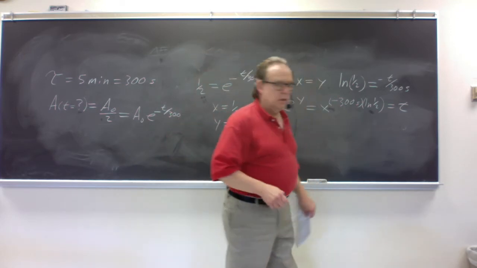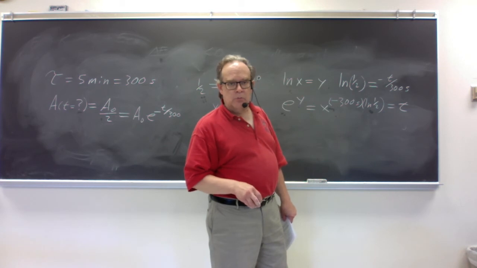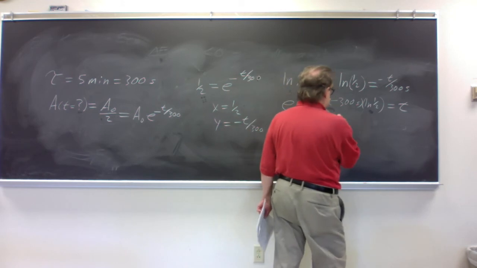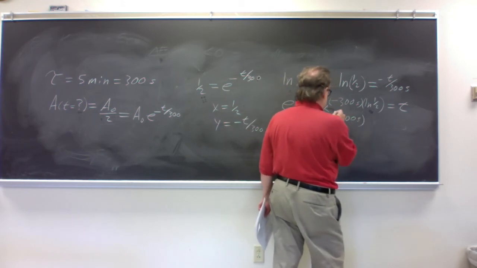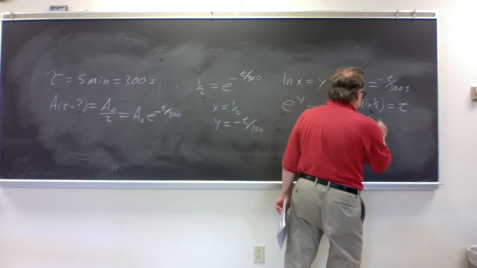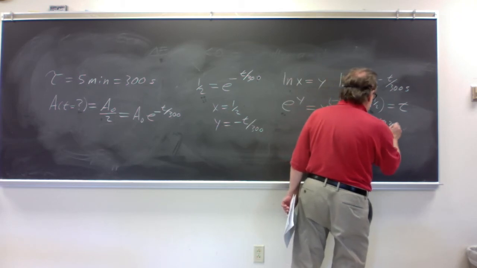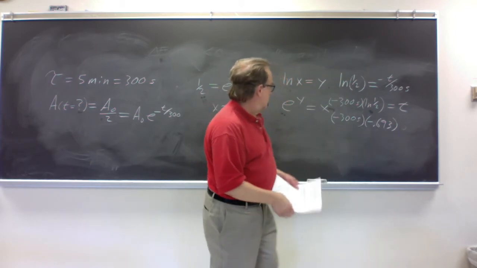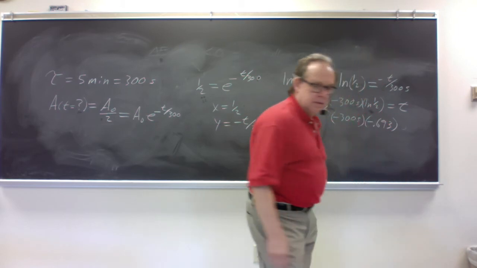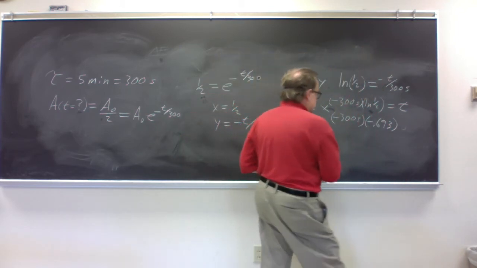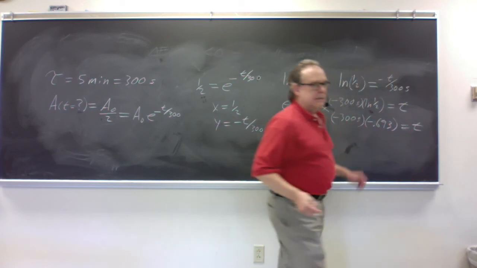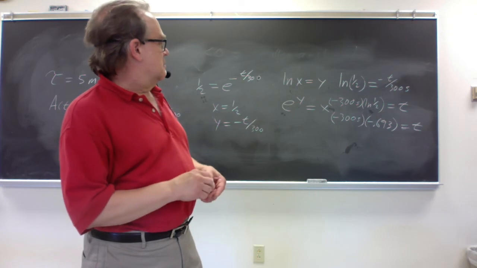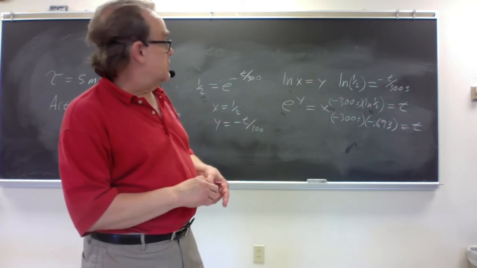Natural log of 1/2 turns out to be about negative 0.693. So 300 times that is the time. I don't have my calculator with me, but that's a small detail. Now you see how to figure out these things.